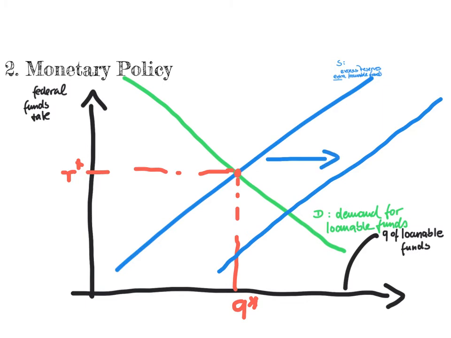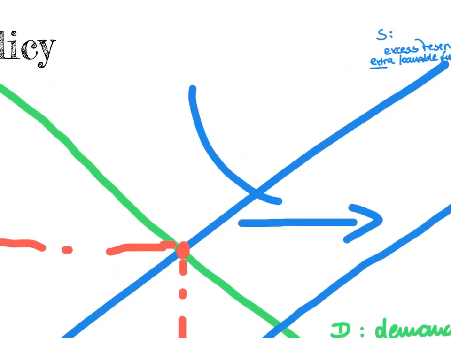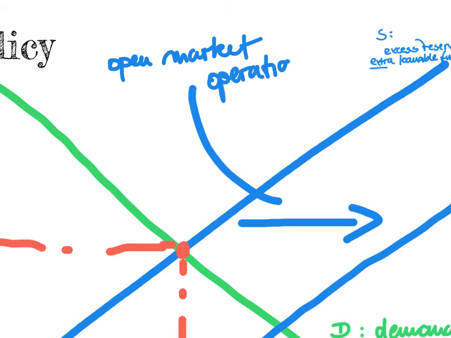I'm going to write that term here so that you don't forget and you know what it is. So the Fed does open market operations, and those shift the supply of loanable funds out. Now, what happens? What happens as a result?